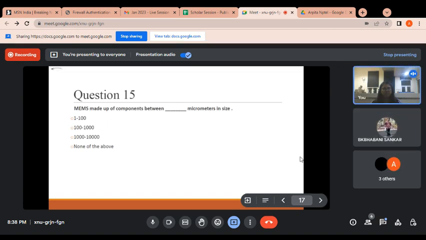Why option A, 1 to 100, and not 100 to 1000? MEMS are made up of components between 100 to 1000 or 1 to 100?